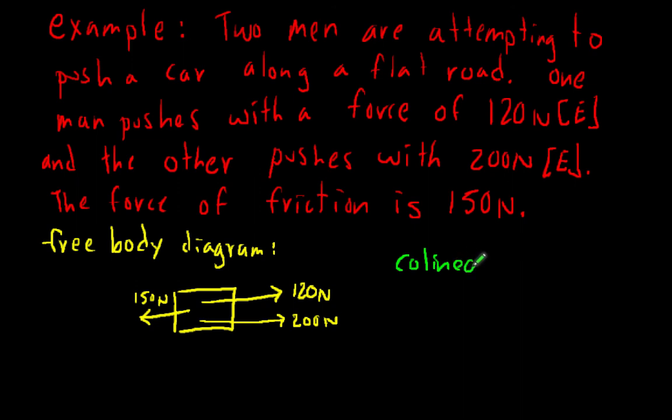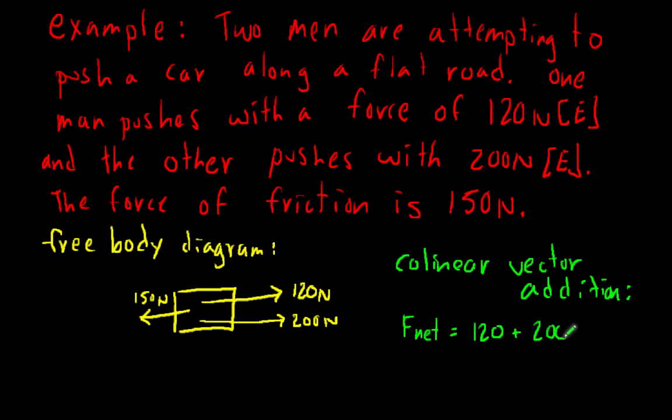This is collinear vector addition. There's no perpendicular vectors and there's no vectors at angles. For that reason, we can just use addition and subtraction normally, making sure that west direction is subtracted. 120 plus 200 minus 150 for the west gives us 170 newtons to the east.